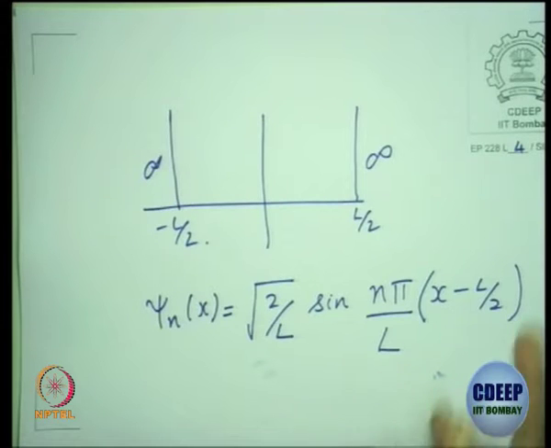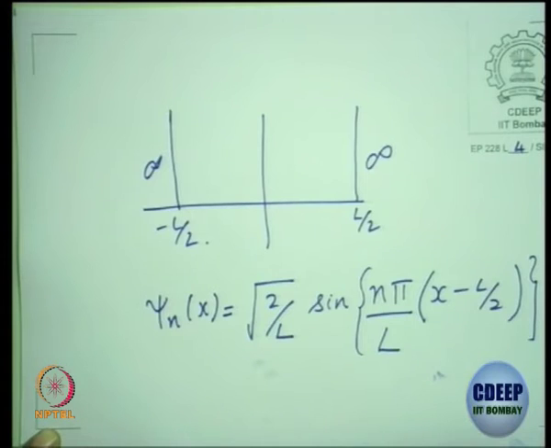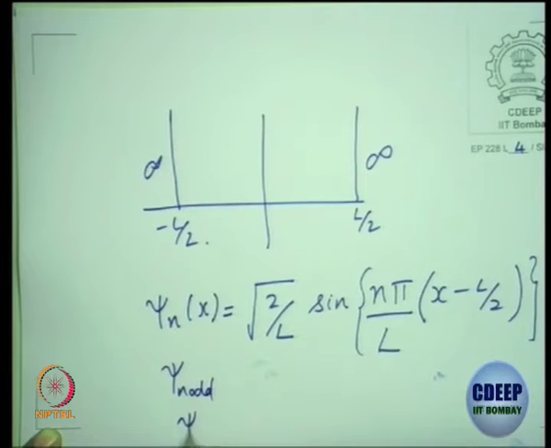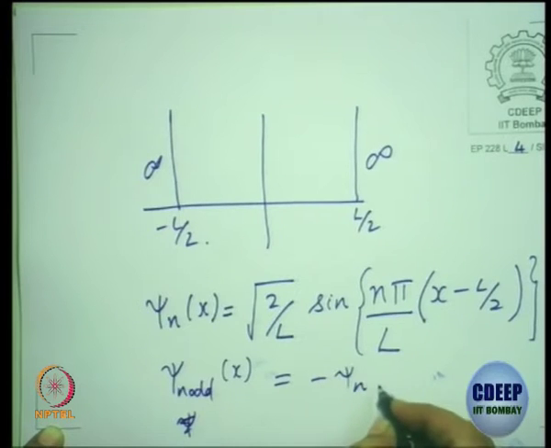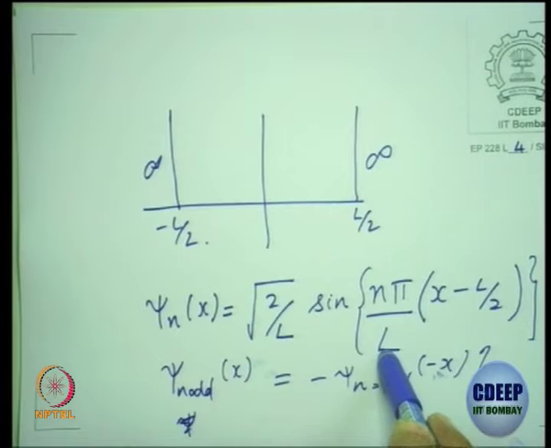But equivalently, you can simplify this expression. Can somebody simplify this expression? For n odd and n even, what is it? Psi n odd of x, is it minus psi n? Is that right? Yes or no? L cancels.